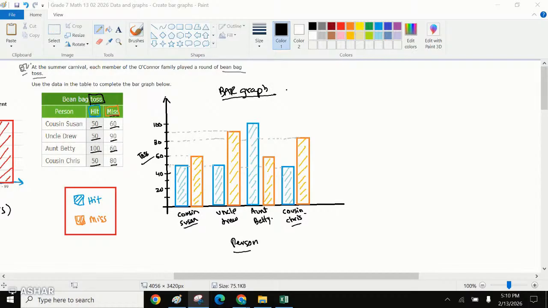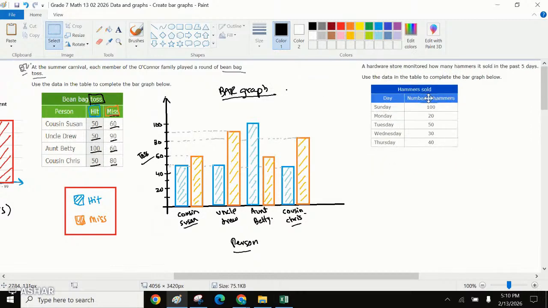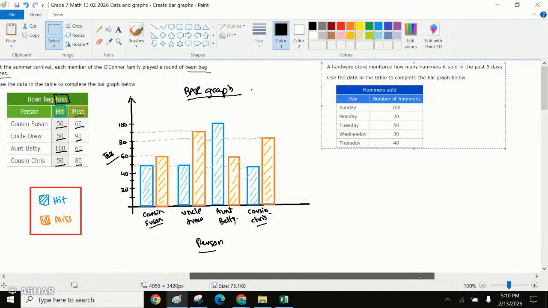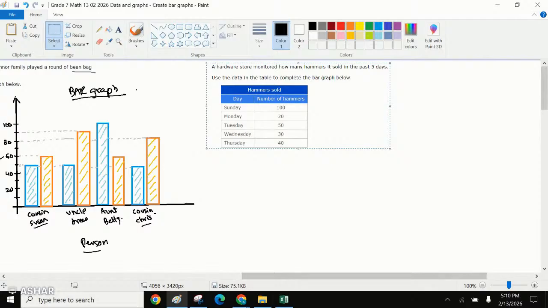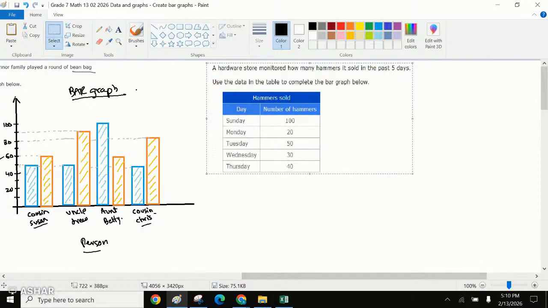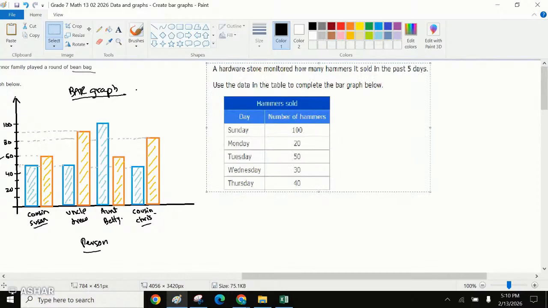For question number 3, this is the information given to us for the bar graph. They are saying use the data in the table to complete a bar graph.